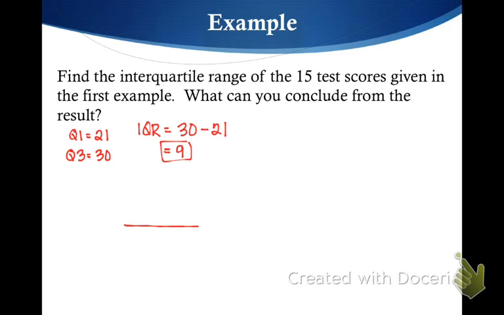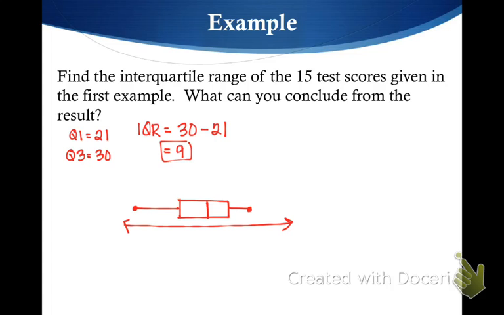When we look at a box and whisker plot, and it's, again, always going to look like this, it's going to have a number line underneath, and then you're going to have whiskers and a box, and the box is always going to have a line in the middle. That's your median. Here's what's really important. How much data is inside that box? How much of our data is going to be found within the interquartile range?